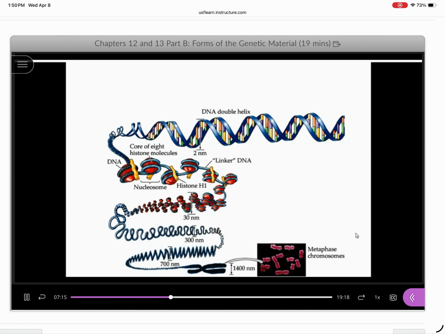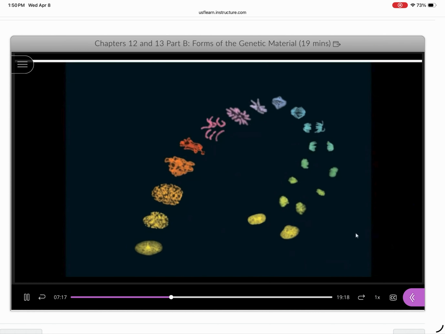That's where I think you should see a comparable figure, if you like. So here we're seeing that compacted DNA. Why? So that the cell can separate the DNA into two resulting cells, daughter cells.